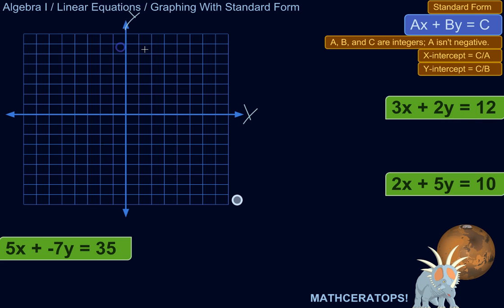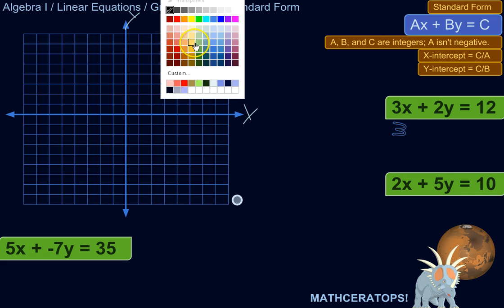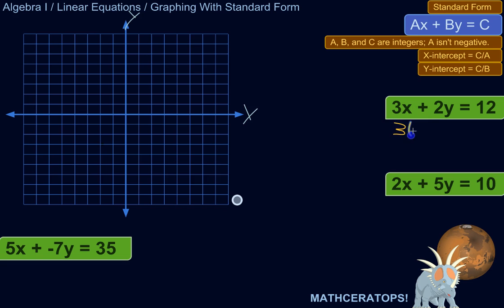For example, suppose I wanted to find the y-intercept of this line. Well, when the line crosses the y-axis, x is 0. That's what allows it to cross the y-axis. So I could plug in 0 for x: 3 times 0 plus 2y equals 12. 3 times 0 is 0, that's gone. 2y equals 12, so I divide by 2.